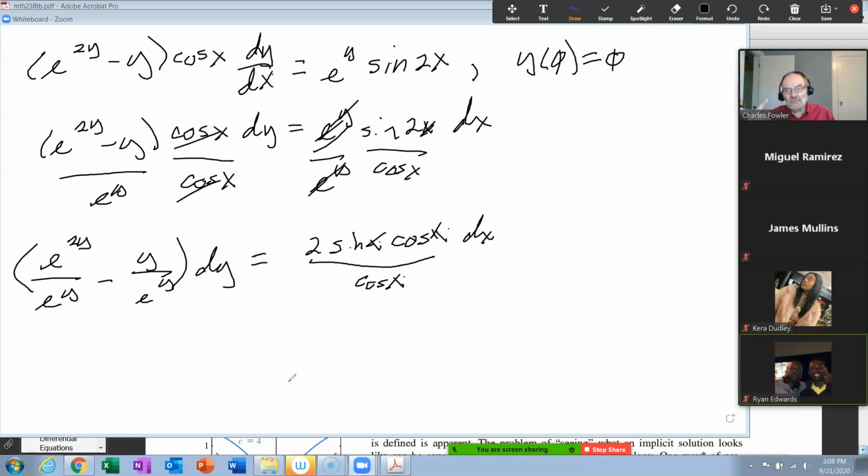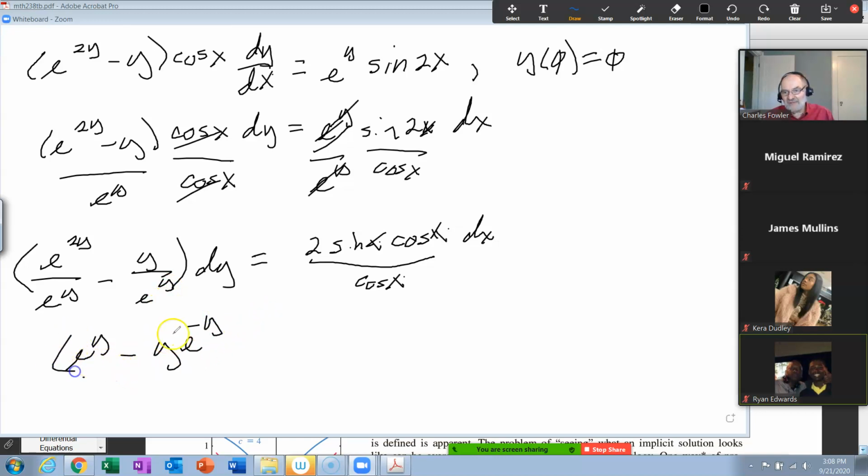That's e to the 2y minus y. That would be e to the y. So this one becomes e to the y minus, now I'm going to rewrite this as y e to the minus y. I don't like having my variable in the denominator.